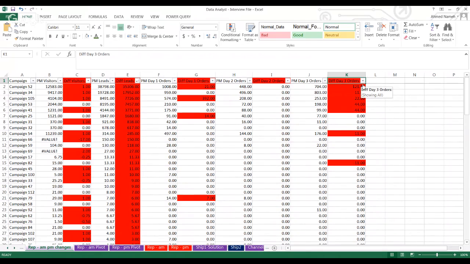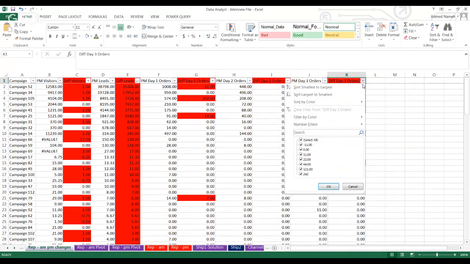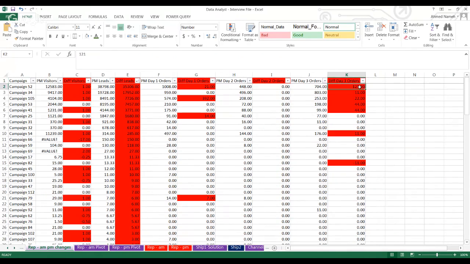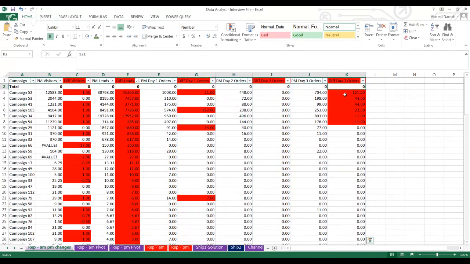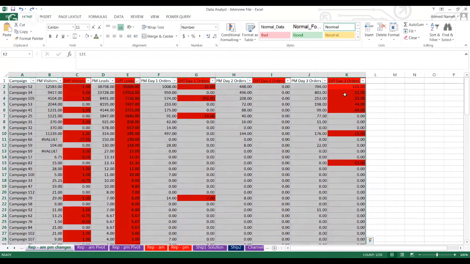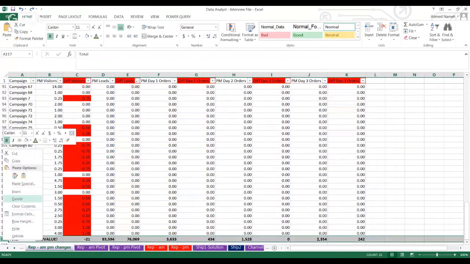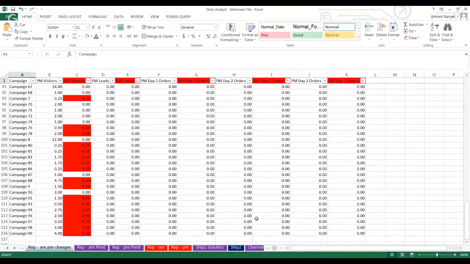For this exercise, I'll sort the difference columns just to see where the largest differences exist. Starting with day 3 orders, I'm going to sort the column from largest to smallest. There's a total column here; we'll get rid of that for the sake of this exercise.